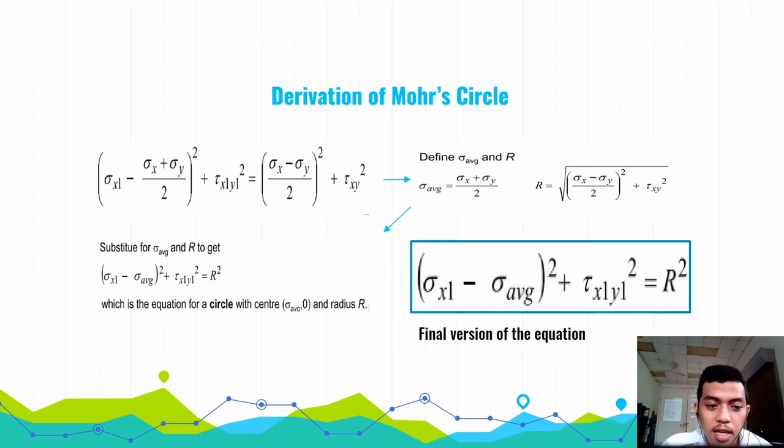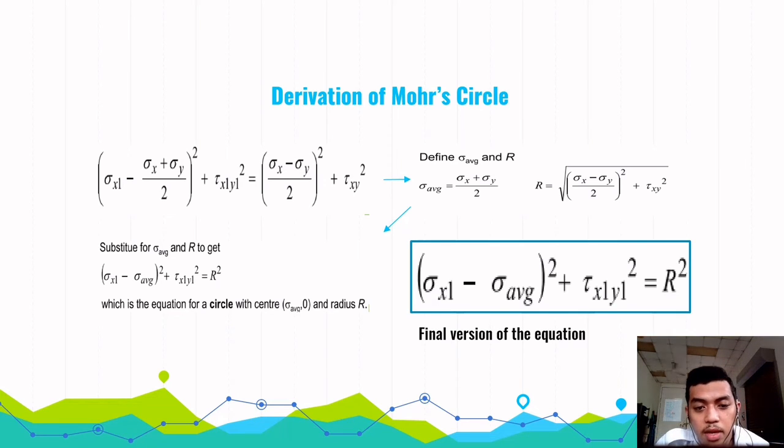As you can see in the slide, on the top left we have open bracket sigma x1 minus sigma x plus sigma y over 2 close bracket squared plus tau x1y1 squared will be equal to open bracket sigma x minus sigma y over 2 close bracket squared plus tau xy squared. And then we can define the sigma average and radius.